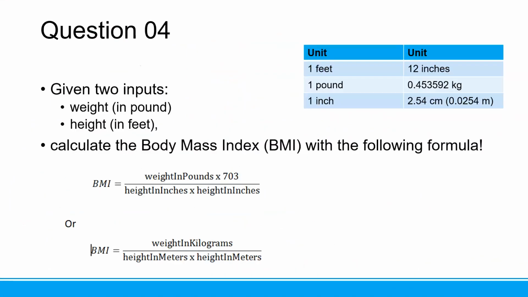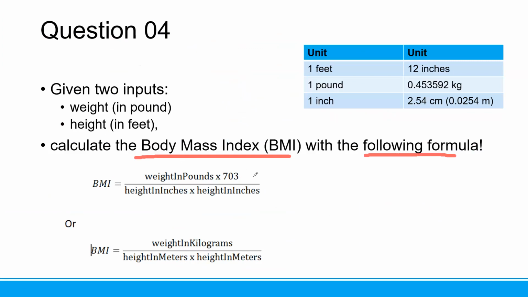Now it becomes more complicated. Given two inputs, weight and height, calculate the BMI, body mass index, and we can use this formula.